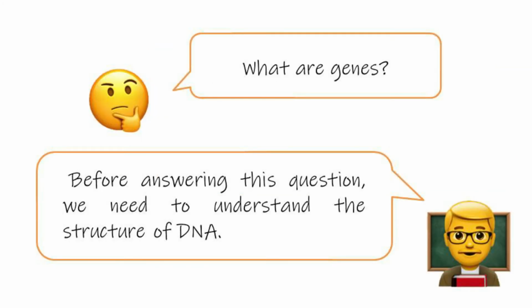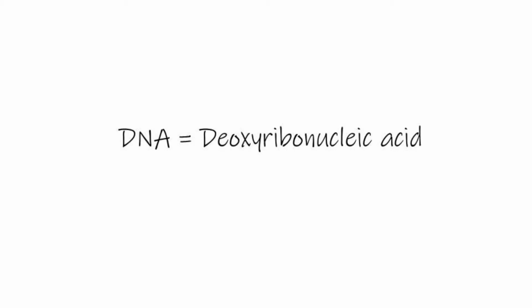With the advancement of technology, scientists have discovered that inherited characteristics are determined by genes. But what are genes? Before answering this question, we need to understand the structure of DNA, which is short for deoxyribonucleic acid.